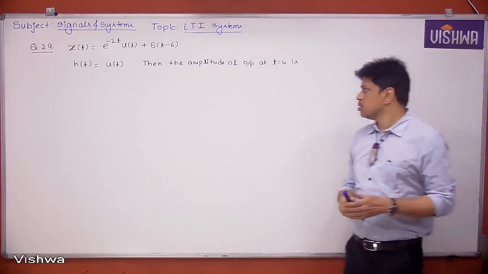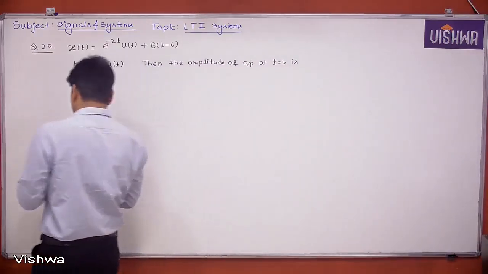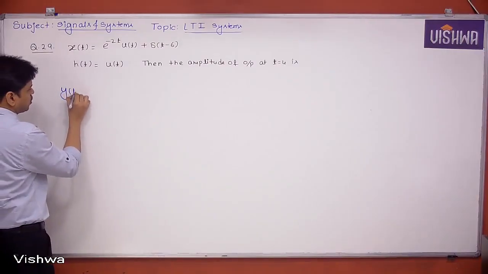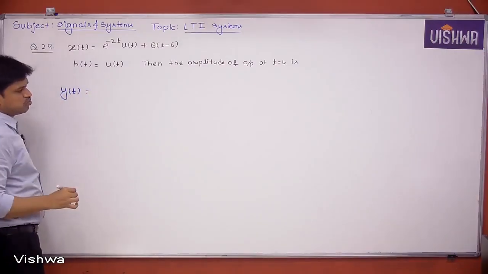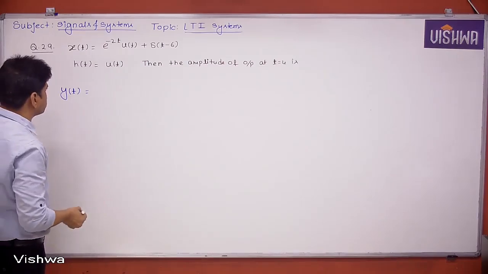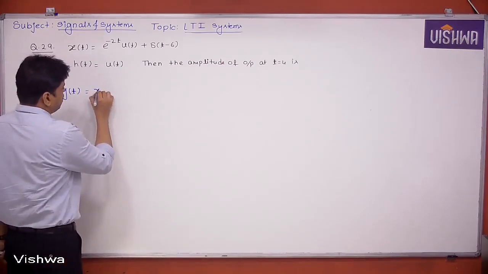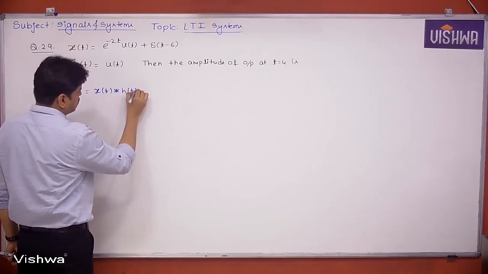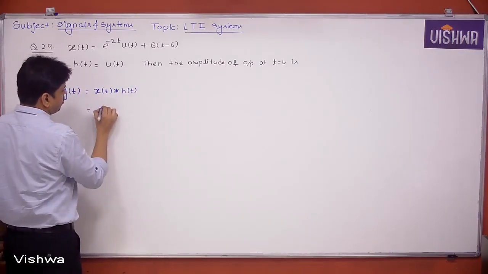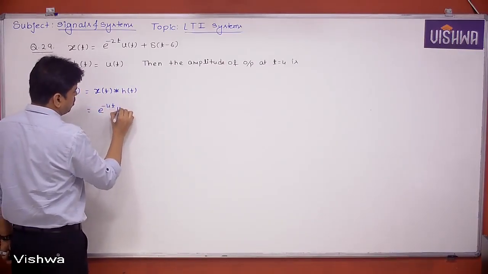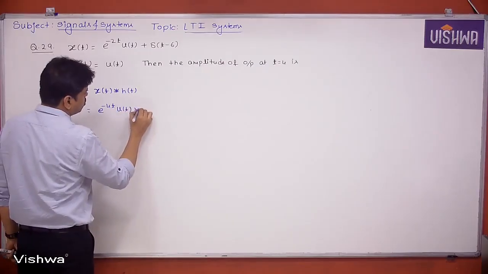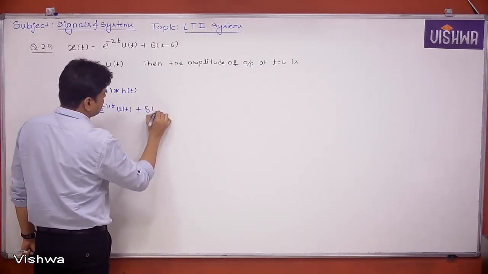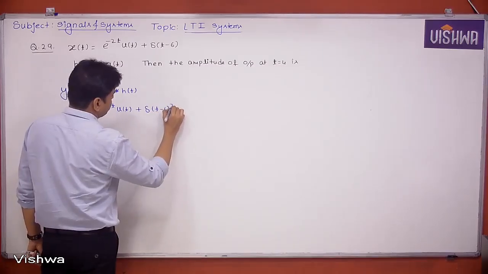So we have to calculate y of t. In that y of t, we have to take t is equal to 4. Then what is the value it is going to be? X of t convolution with h of t, which is e power minus 4t u of t, plus delta t minus 6.